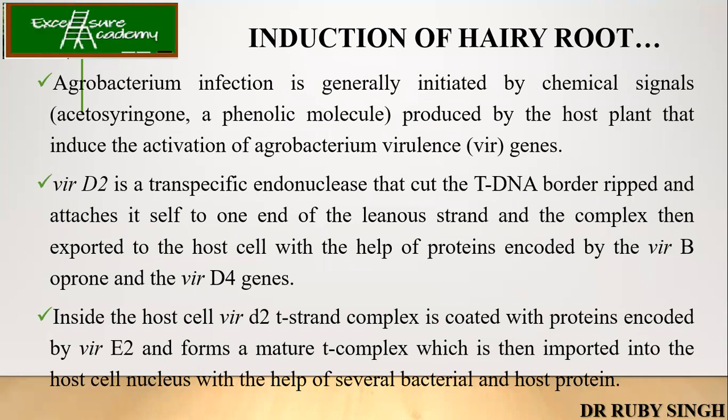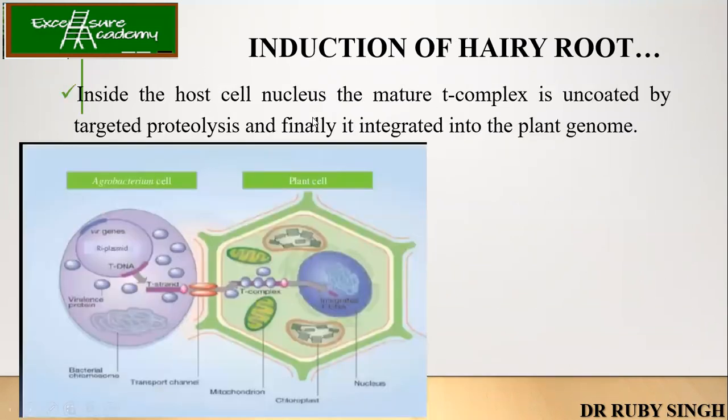Hairy root is caused by Agrobacterium rhizogenes, and this is the mechanism we are learning right now. Inside the host cell nucleus, the mature T complex is uncoated by proteolysis and finally gets integrated into the plant genome.